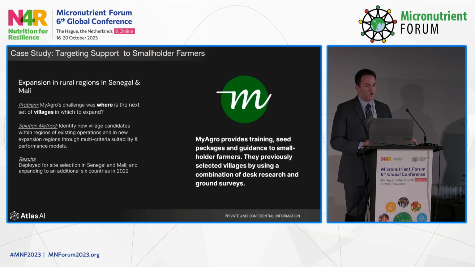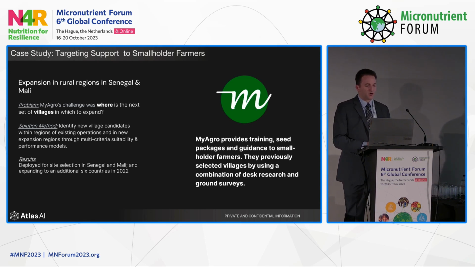MyAgro was facing a question about where in the countries where they're operating, in this early context it was Senegal and Mali, where are the next set of villages where they should expand their programs based on everything they've learned to date about the success and challenges of network expansion and all of the recent information on the entirety of the footprint of human settlements in those countries.